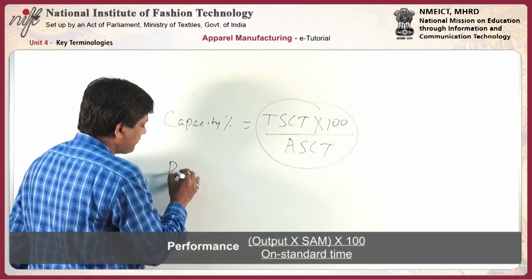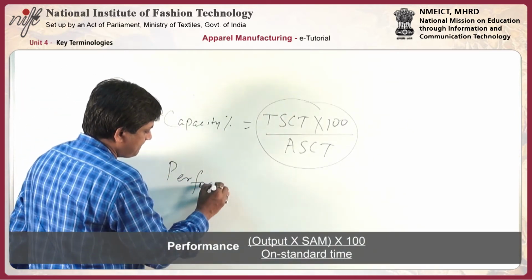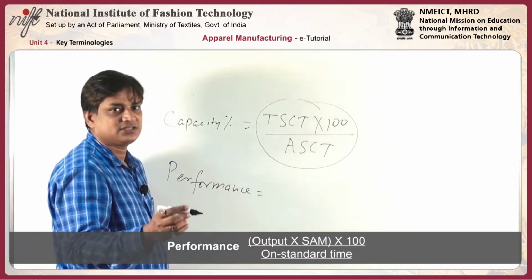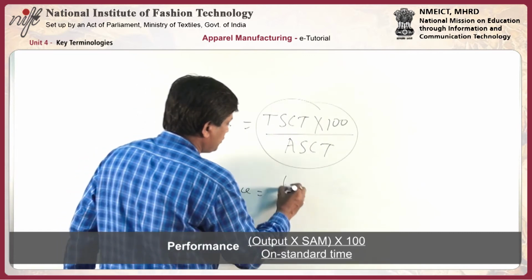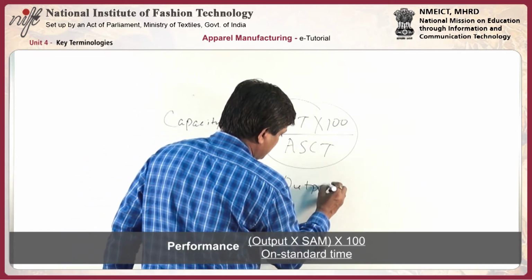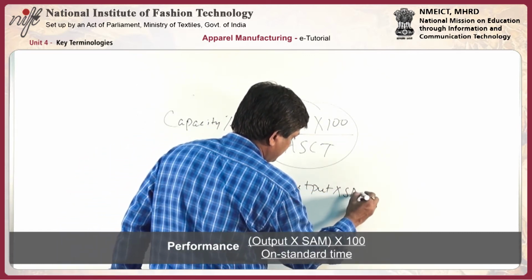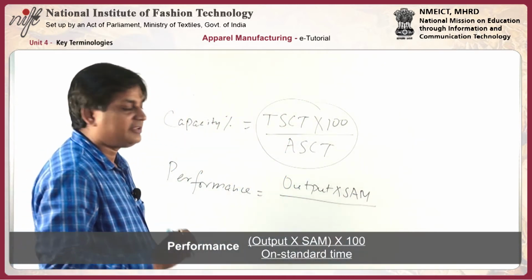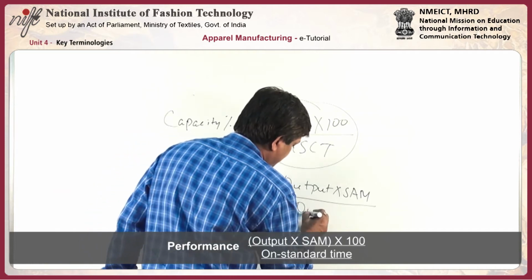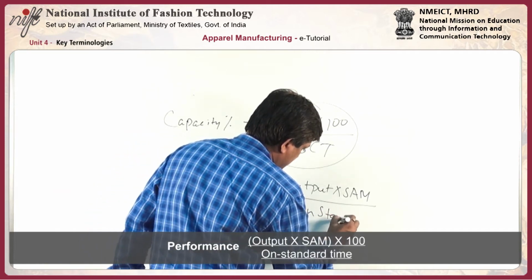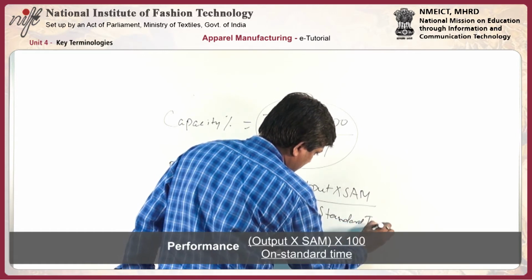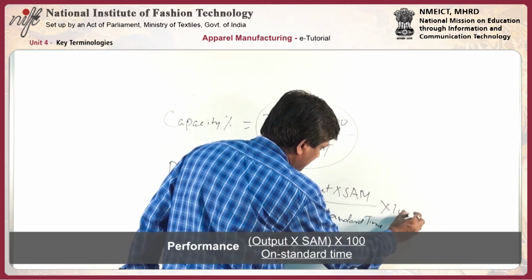Then next is performance. Performance is basically output into SAM. This output into SAM will be divided by on standard time, and finally it will be multiplied by 100.